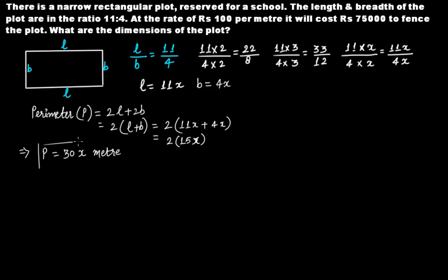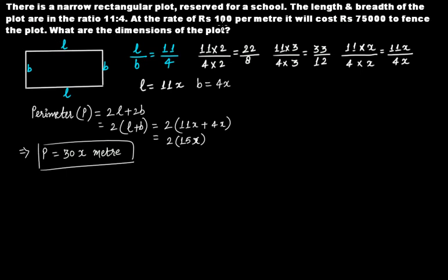Okay, so your perimeter is 30x meter. That is, whatever material you use to cover the fence will be of the length 30x meter.